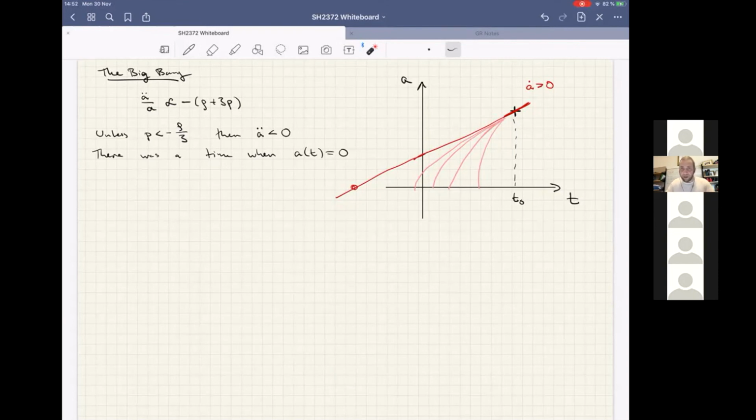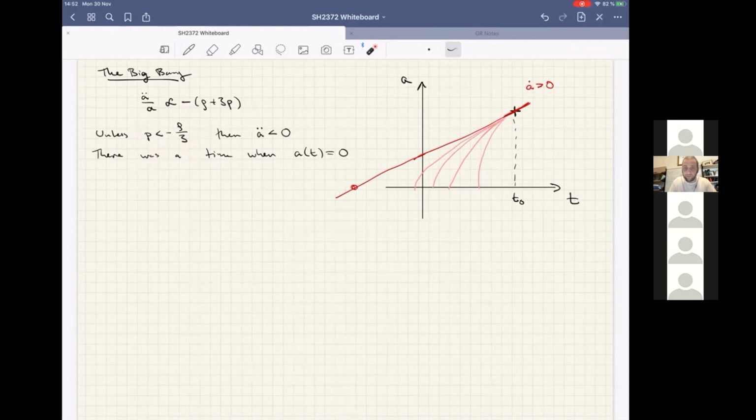There are also many ways out of this. For example, and I think we'll get to this next time, we could introduce something way back in time where the universe actually contains some component that has a pressure which is negative.